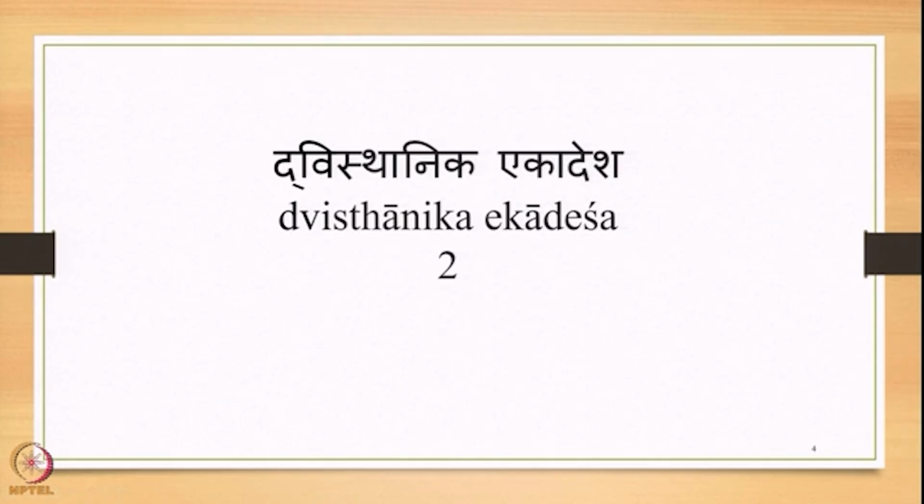The first classification that we have already studied is Ekasthanika Ekadesha, where there is one substituent and it is replaced by one substitute. Eka Sthani, Eka Adesha. There are two instances of Ekasthanika Ekadesha, namely Yan Sandhi and Ayavayav Sandhi.